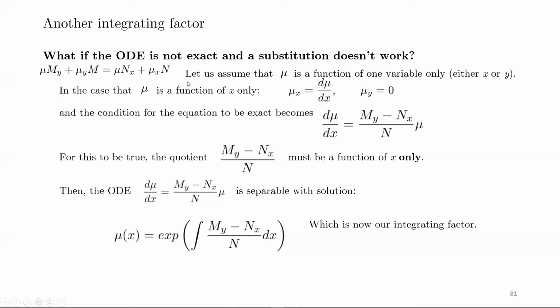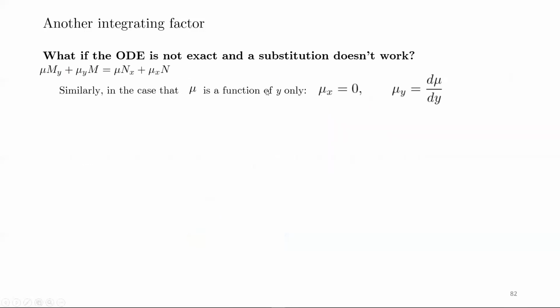So let's take a look at the case where mu is a function of y only now. Well, in that case, the partial derivative of mu with respect to x is equal to 0. The partial derivative of mu with respect to y can be written as d mu by dy.